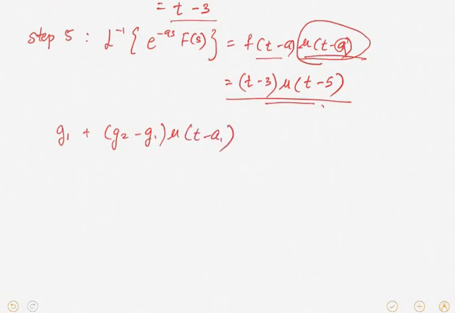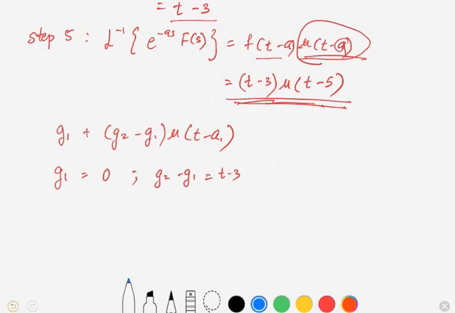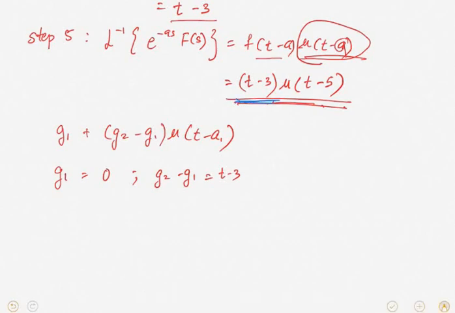What is g1 here? Based on this answer, g1 seems like 0. You don't have any g1, so g1 is 0. Then g2 minus g1 is equal to t minus 3, based on this one. So g2 equals t minus 3 minus g1 which is 0, so it's still t minus 3.